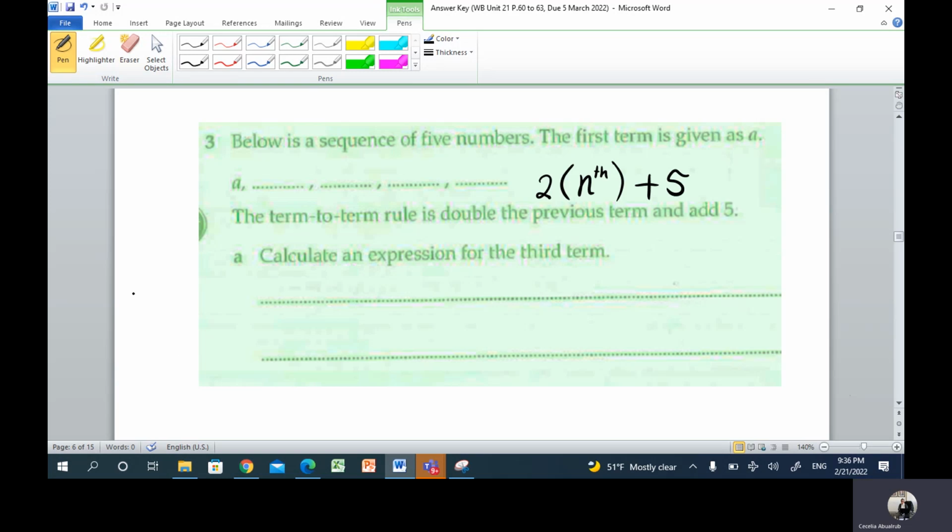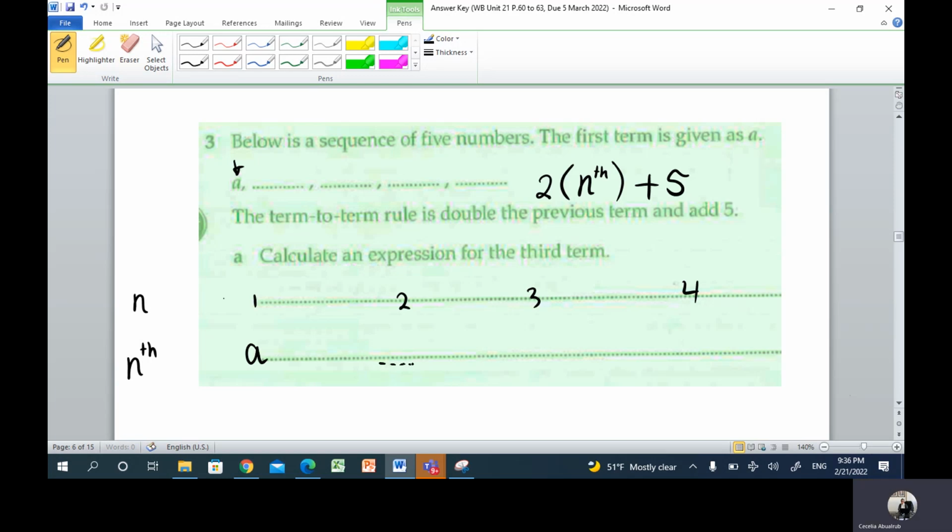So we're going to start n as 1, 2, 3, 4, for example, and then for the nth term, they gave us the first term as an expression, which is a.